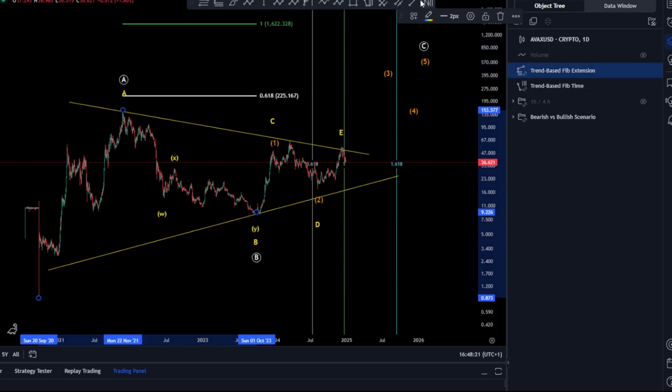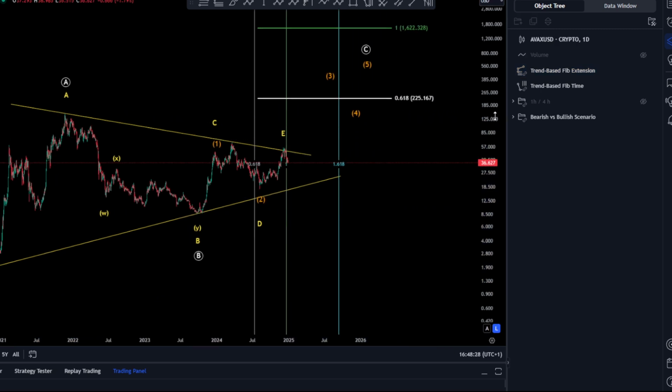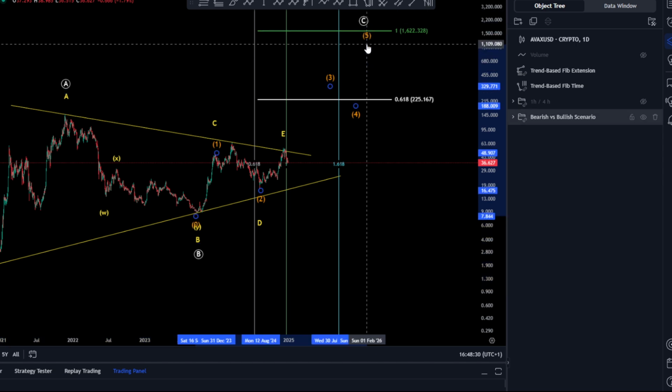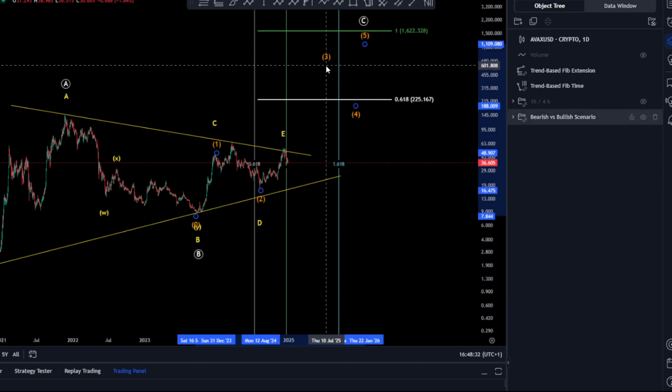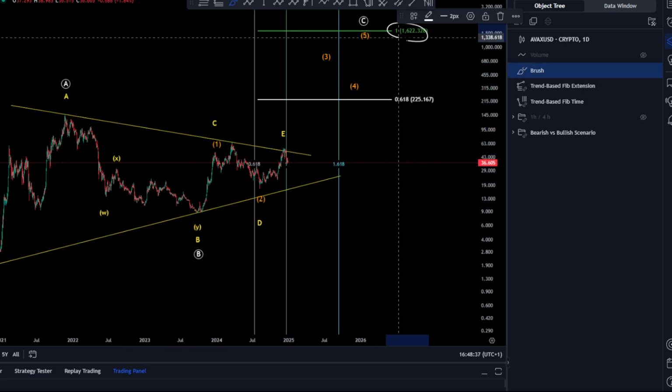Here we go in a zigzag. Our target for the wave C would be around the 1622, which is a very high target based on the logarithmic target. Don't be surprised about these numbers, guys.